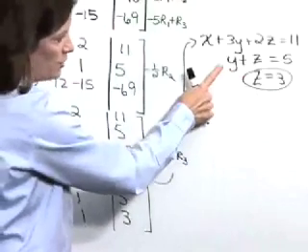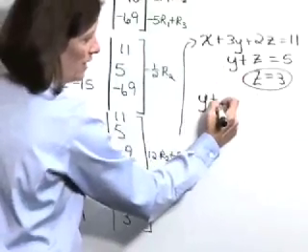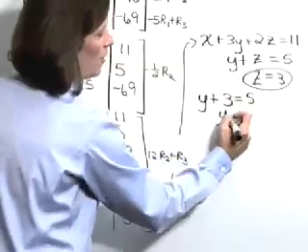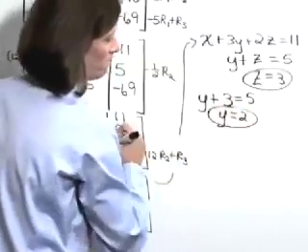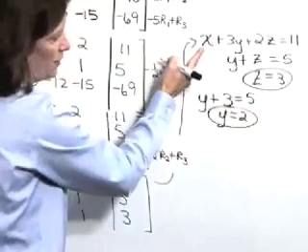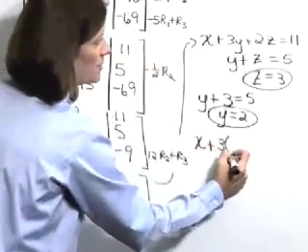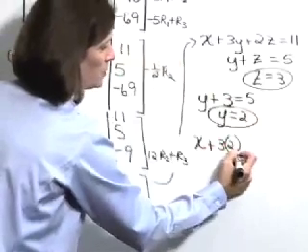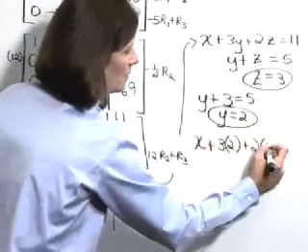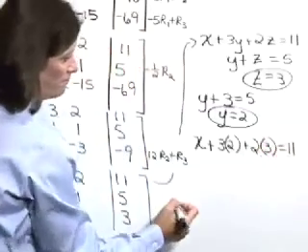We can use equation 2 to solve for y, because y plus z, or y plus 3, is equal to 5. So y is equal to 2. Lastly, let's use that first equation now to solve for x. x plus 3 times y, or 3 times 2, plus 2 times z, which is 3, is equal to 11.